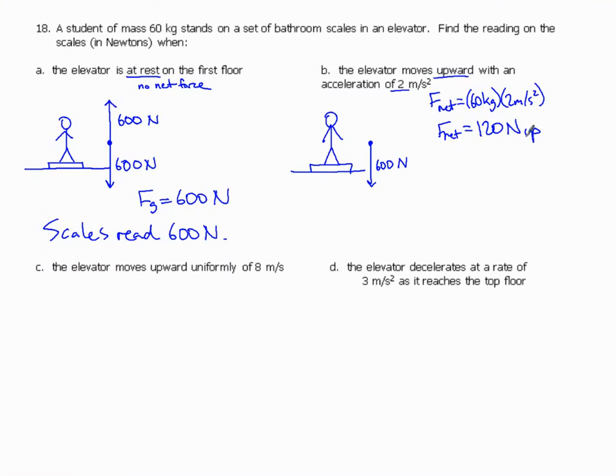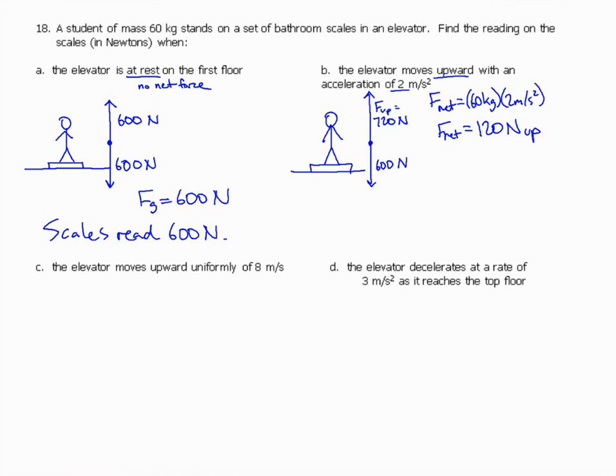And so the net force is 120, which means that the force upward is 120 newtons greater than this one. And so we get 720 newtons up. We'll label this as the force up. Force up is 720 newtons.